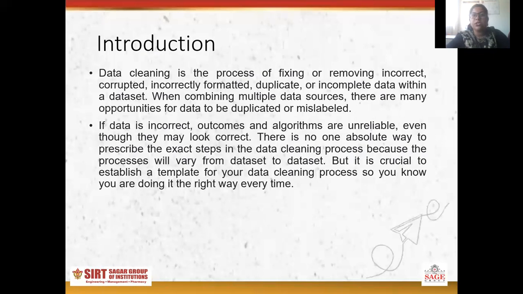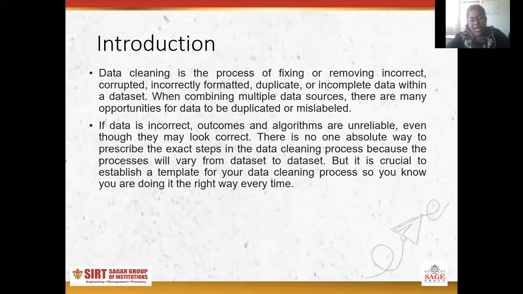The definition itself raises the question: why do we need data cleaning? It is because when we gather data from various sources, there is the chance that there can be some duplicate data, or we may miss some data, or there can be some human errors of typing as well.